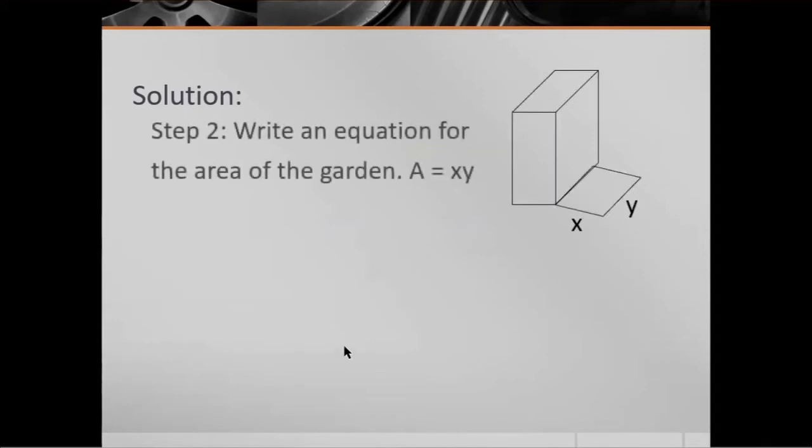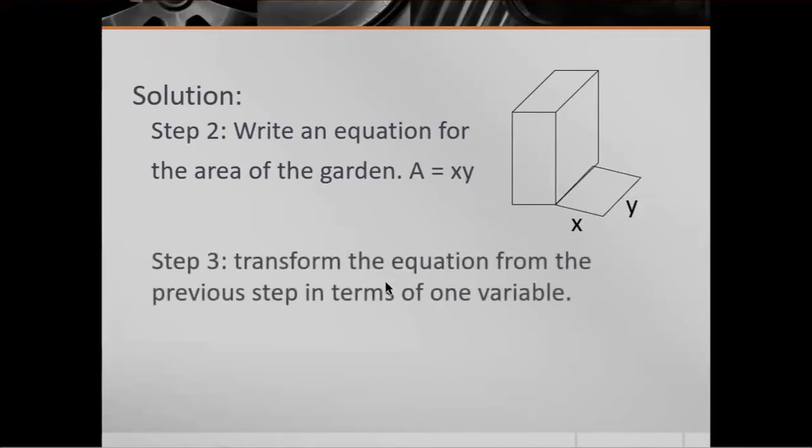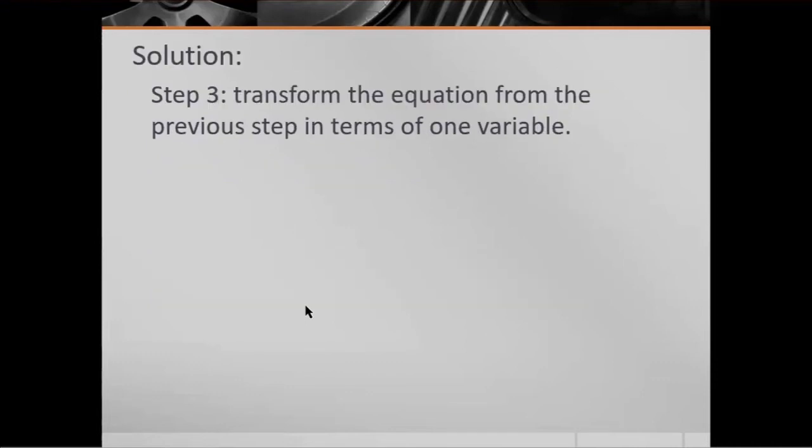For the solution, step 2, write an equation for the area of the garden. Since the garden is in the rectangular shape, the area is the product of its two sides, the x and the y. Step 3, transform the equation of the previous step in terms of one variable.